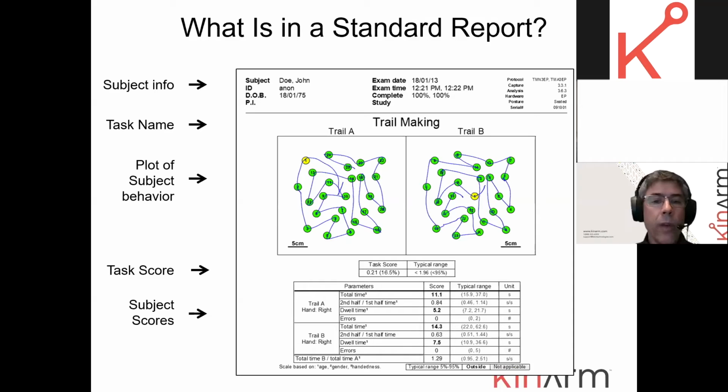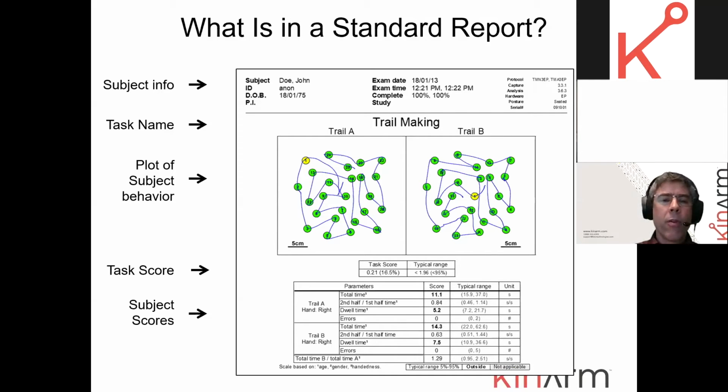With the subject scores, you also end up with the 5 to 95% range, which provides you an indication of how well this subject did. It's important, and I'll talk a bit more in a minute, that these typical ranges are based upon normative models that we generate. So this accounts for things like age, sex, and handedness.